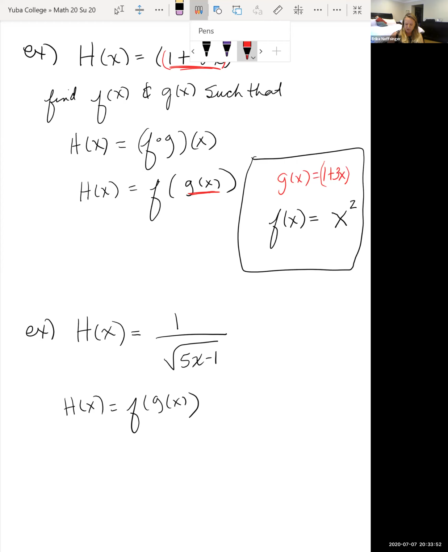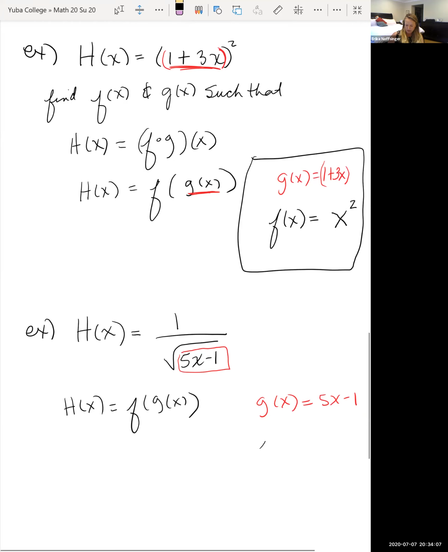What if we just choose it to be what's underneath the radical? And so if we chose g of x in this case just to be 5x minus 1, then f of x would have to be one over square root of, well, instead of having 5x minus 1, that's our g of x value, we need just an x there. So that's one possibility.